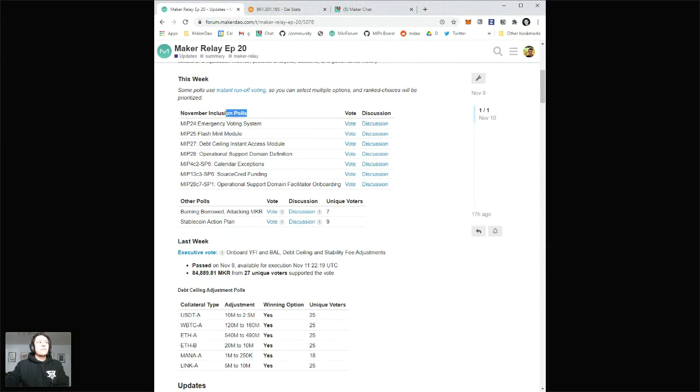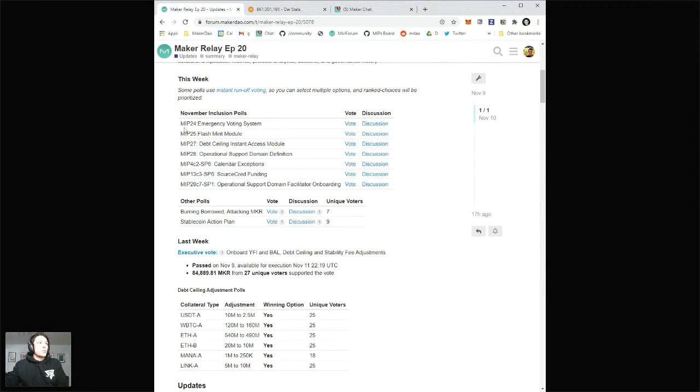Just to briefly explain what inclusion polls are: they are basically saying yes or no to each individual MIP or sub-proposal, and whichever ones get yes, they get bundled into one governance poll and then one executive vote at the very end of the month. And this happens week 1, week 2, week 3. So we're still in the very first stage of that, the inclusion polls, so go check those out.